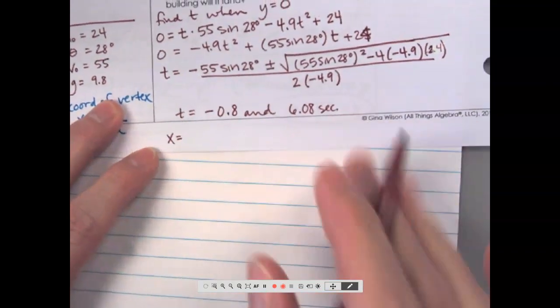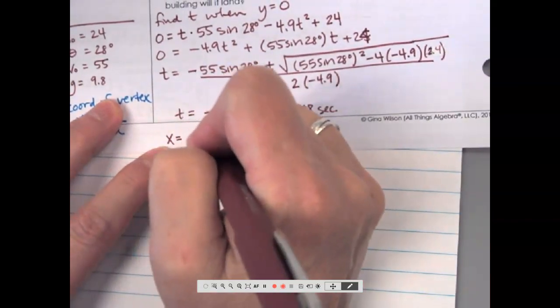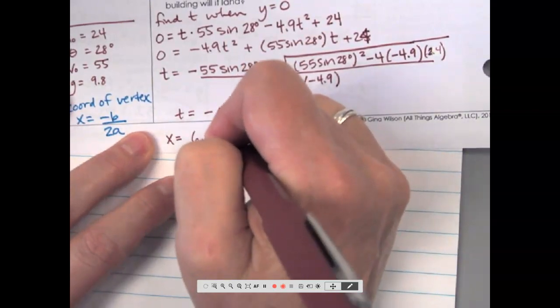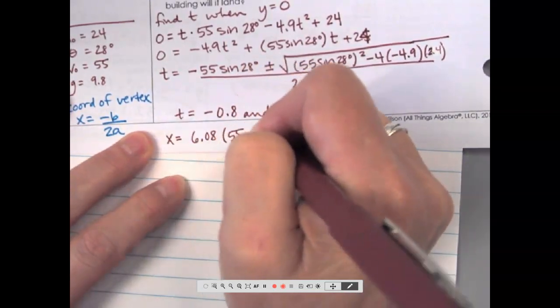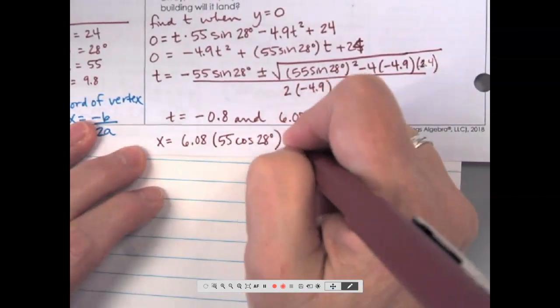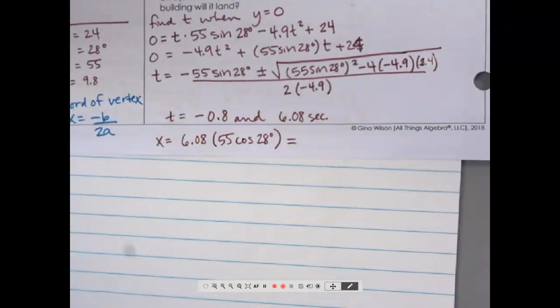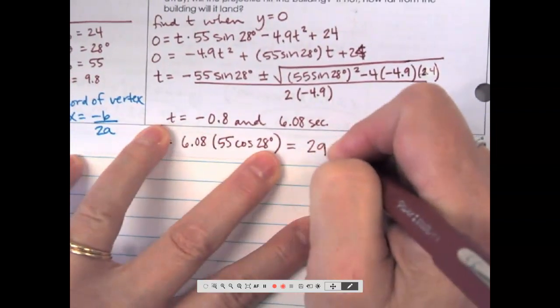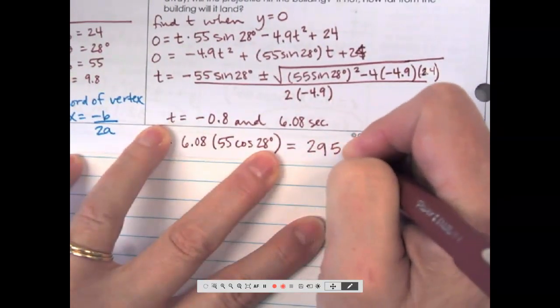So the horizontal distance equals the time times the initial velocity times cosine of the angle. And let's see how far it went horizontally. Oh. I don't know if we wanted to hit the building or not, but it looks like we missed it.